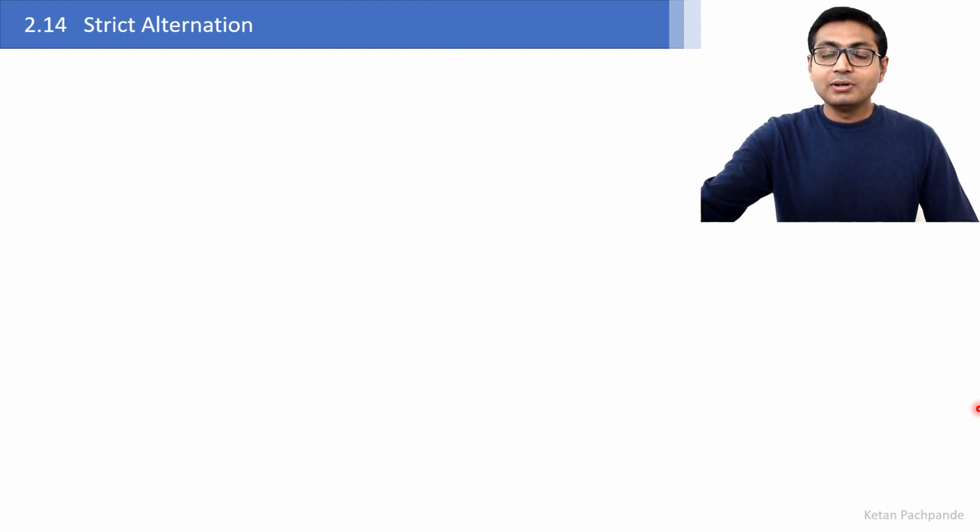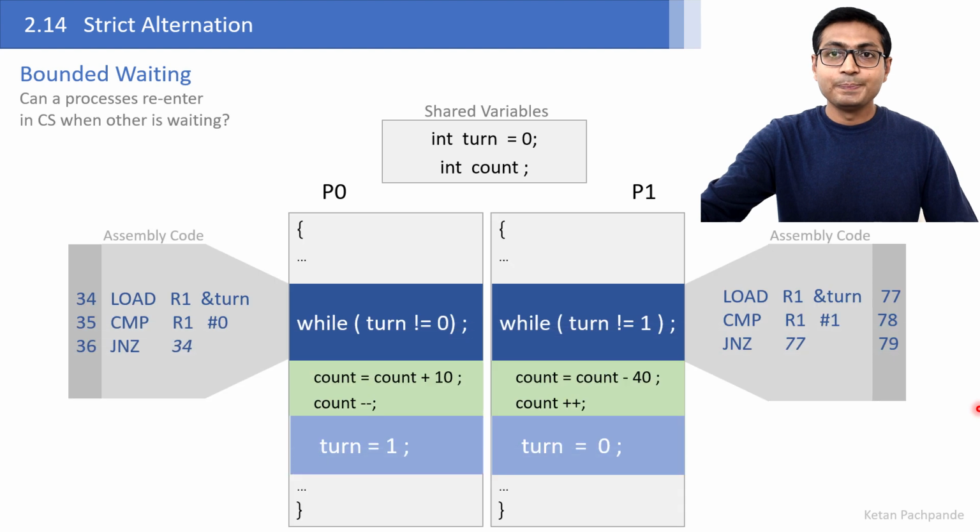Let me prove it again with the help of the same program. So here, first let the process P0 enter into the critical section. Straight away put the process P0 into the critical section. It will read the value of turn as 0, it will compare with 0, and the comparison is false.